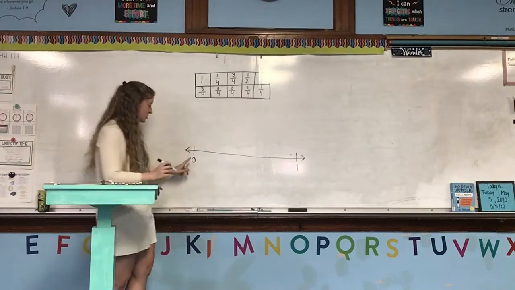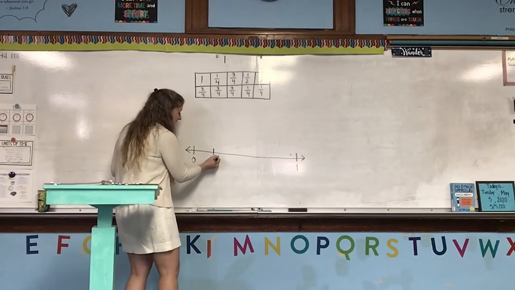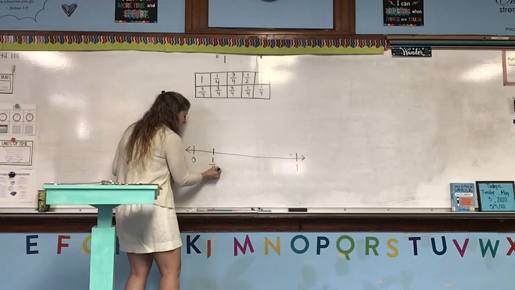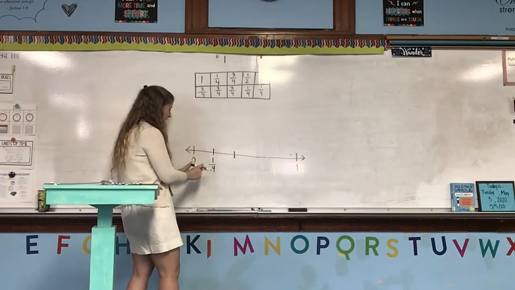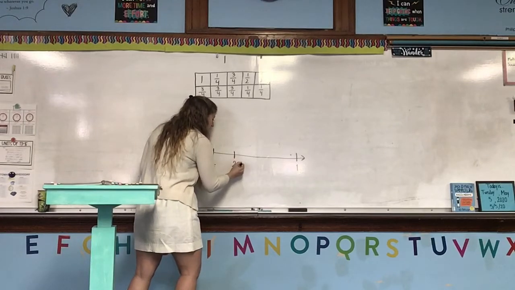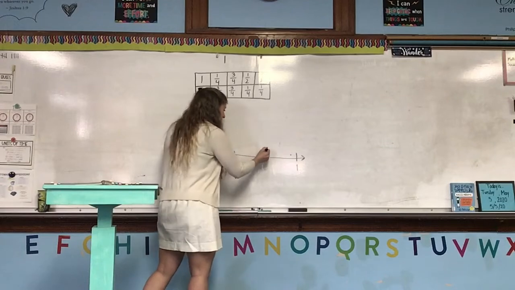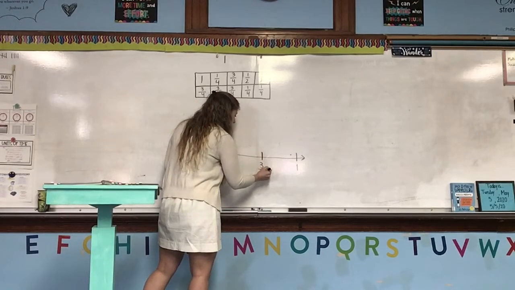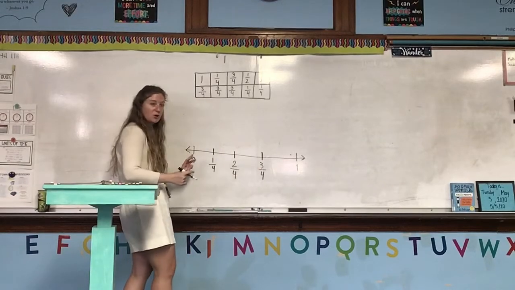From 0 to the end of this first section is 1/4. Then I add another section, which I know from 0 to this tick mark is 2/4. And then I add another section, which is 3/4, because from 0 to here shows 3/4.